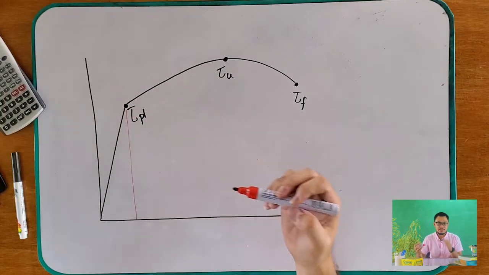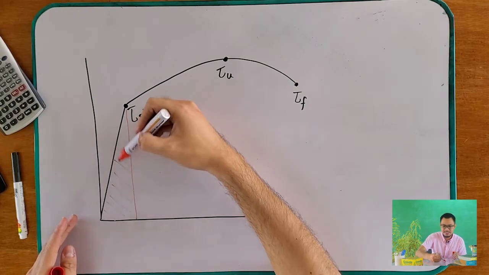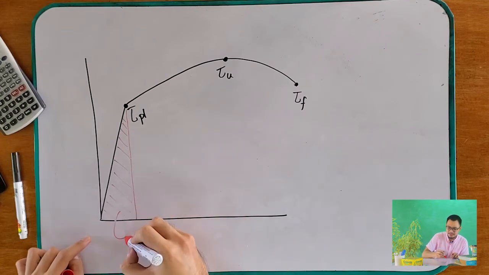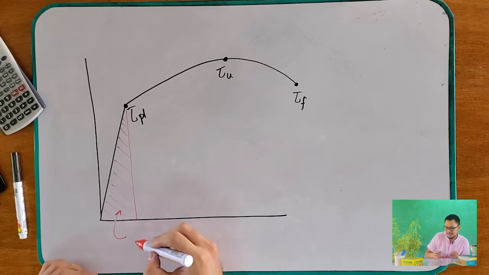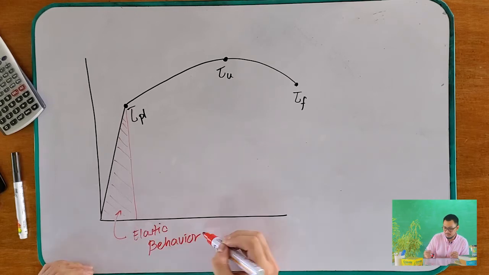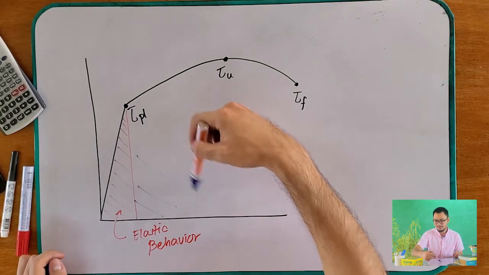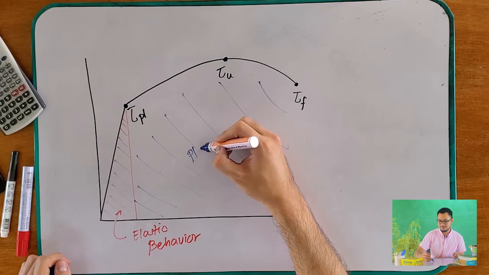And the same concept applies in this region here, the same concept as our stress strain diagram. This one is behaving linearly elastic, and the rest of the region here is now behaving plastically.